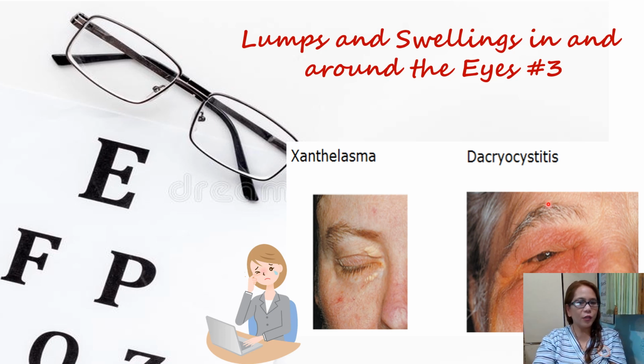Another one is dacryocystitis. There is an inflammation of the lacrimal sac, or the lacrimal duct. There is a painful, red, and tender chronic swelling or obstruction of the nasolacrimal duct.